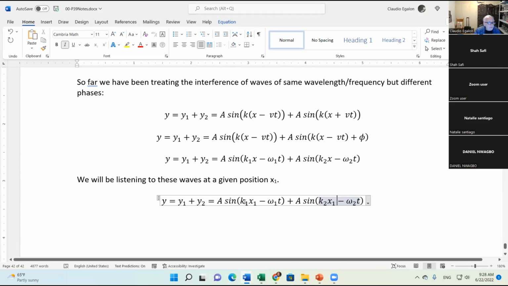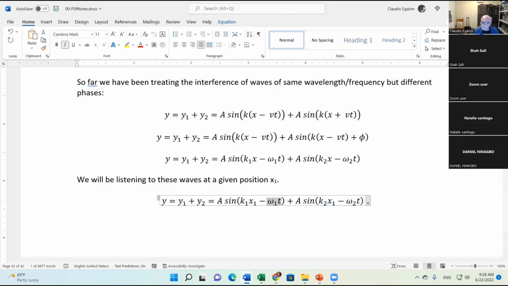Okay, there will be a slight phase difference because of those two values here, but we will be listening as time goes by, okay? So think what might happen, okay?